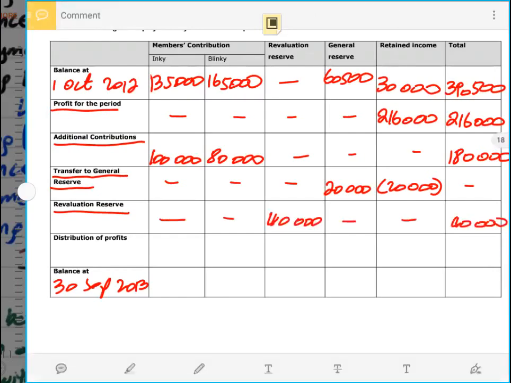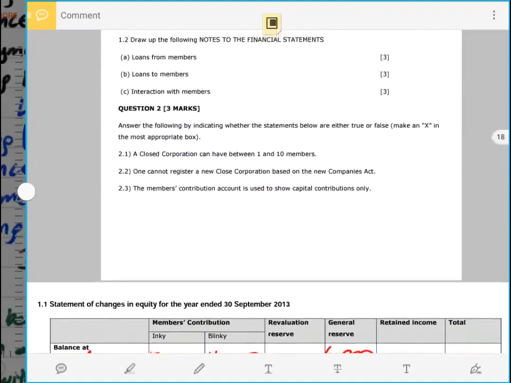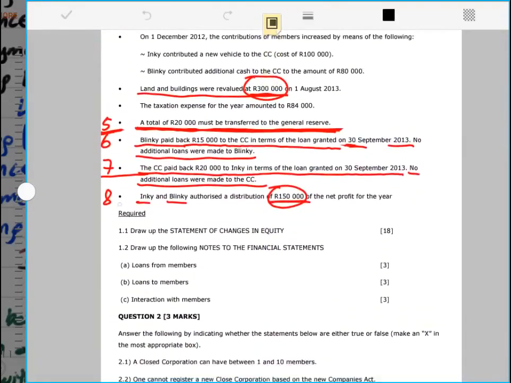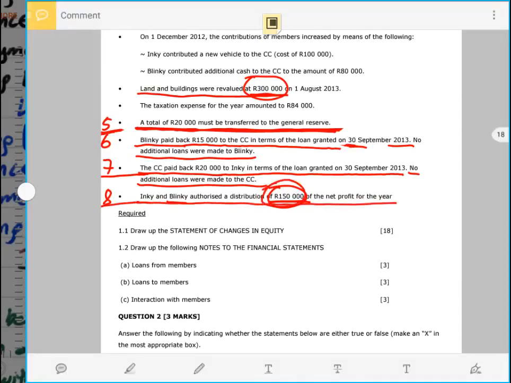Then after we have distribution of profit, where the profit was distributed to members, and that was bullet point number 8, where the members authorized a distribution of 150,000 rands to the members of the closed corporation.